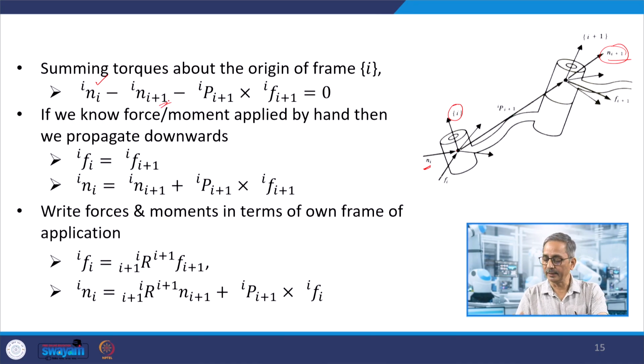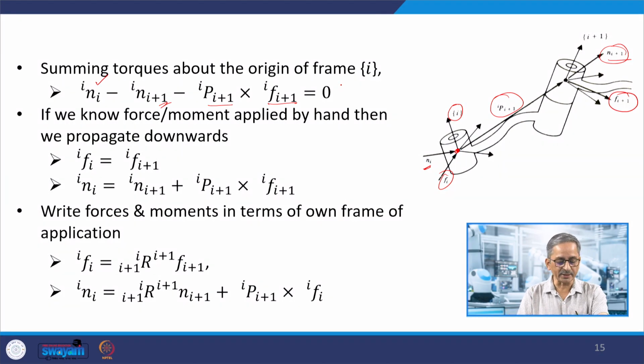And this Fi is not going to contribute anything because we are evaluating about this point and this force is passing through it, so its contribution is 0. But we will have a contribution from Fi plus 1, acting over a vector P(i+1) with respect to i. So we have P(i+1) expressed with respect to i, cross F(i+1) expressed in terms of i. This completes our moment balance.